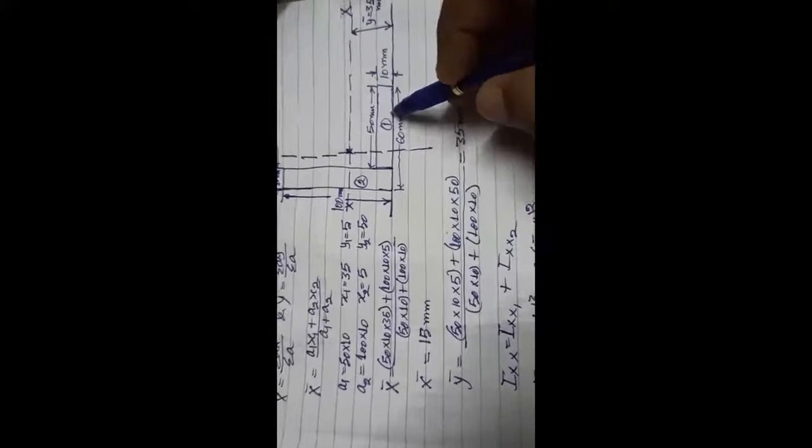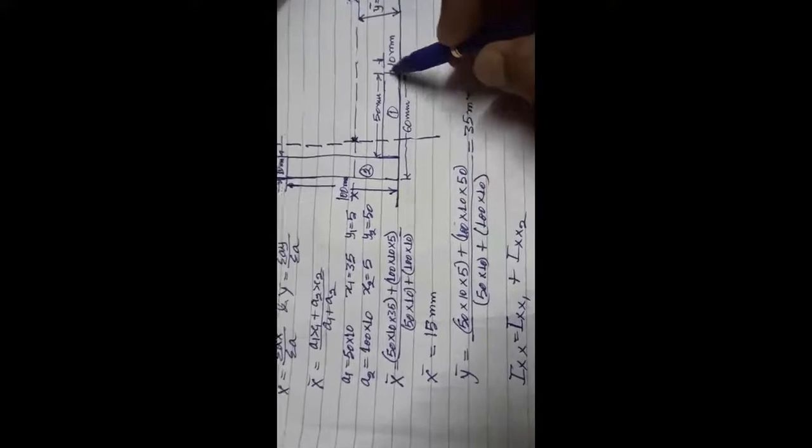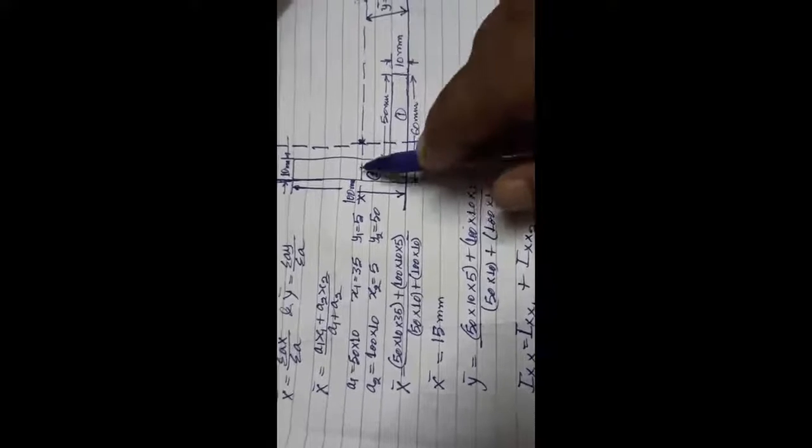So Ixx1 is equal to B into D cube. D is the side perpendicular to XX. So in this one part, D is this one and B is 50. So D is this one because it is perpendicular to XX.